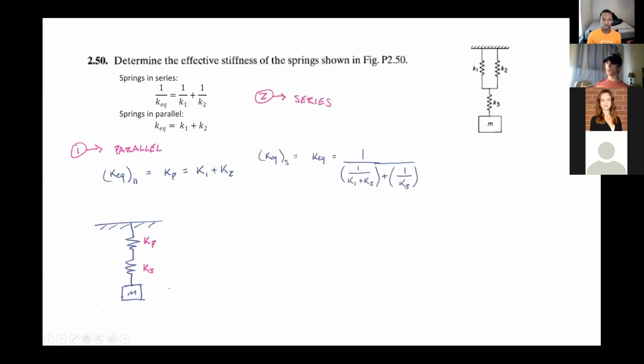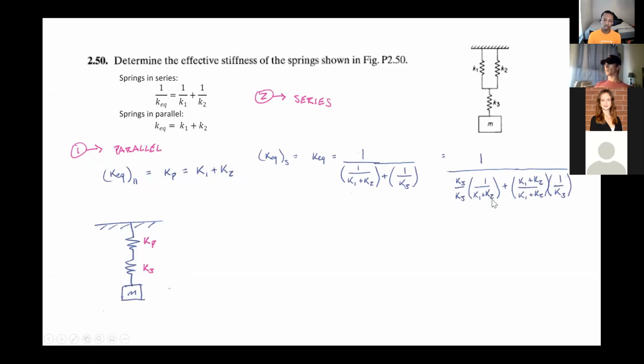Step 2, series. Now we have our K in parallel and our K3, and we have our series formula. We're going to input all of our values here. So what am I doing here? I'm taking my K3 and multiplying by K3 over K3, 1.